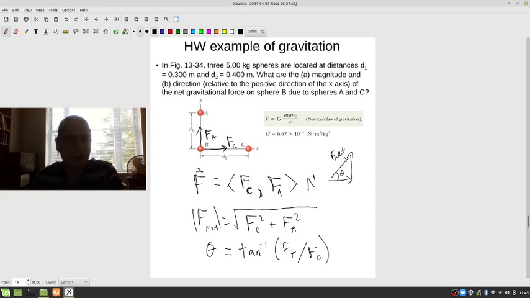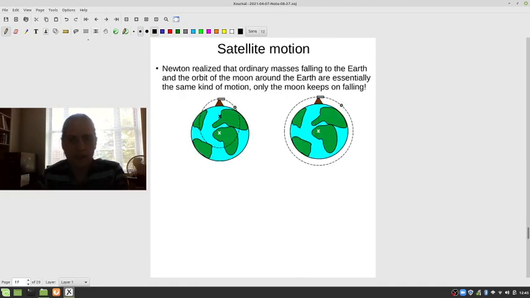Okay, so these are just two quick examples. Now, why is this so interesting to us? Well, to me, the reason this really fires the imagination is that it connects to a lot of different things. For instance, we've talked a lot about projectile motion. You throw something.